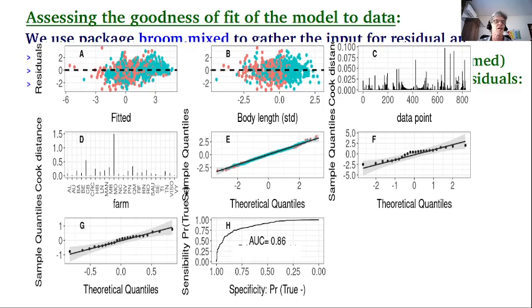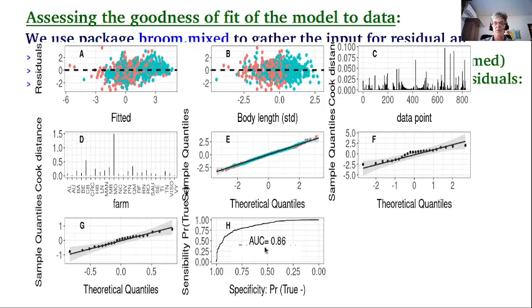So in terms of the importance of the farms, we see that there is one farm here called MB that happens to have a large influence on the values of the fitted parameters. We see that the residuals follow a normal distribution, which indicates a very good fit of the model to data, and the random intercepts and the random slopes, here we have 24 points, one per farm, both follow a normal distribution.